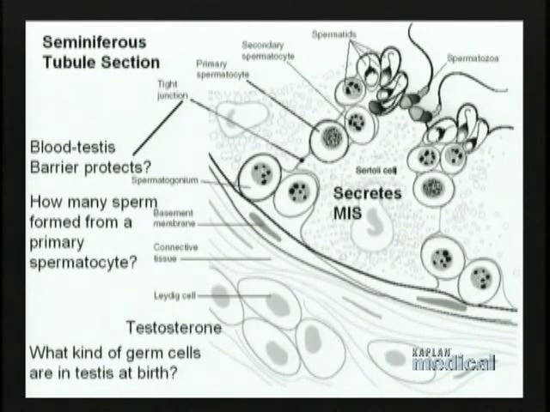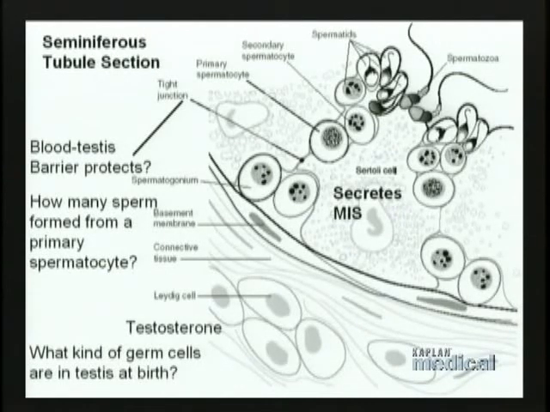So now, in answer to the other question, and this goes back to fundamentals of meiosis: how many sperm cells are formed from a primary spermatocyte? And the answer is 4, because a typical primary spermatocyte will subdivide equally into secondary spermatocytes where the chromosome number is reduced from 46 to 23.